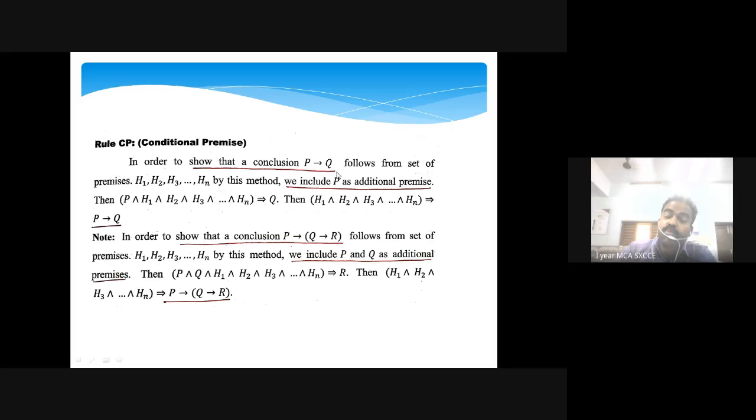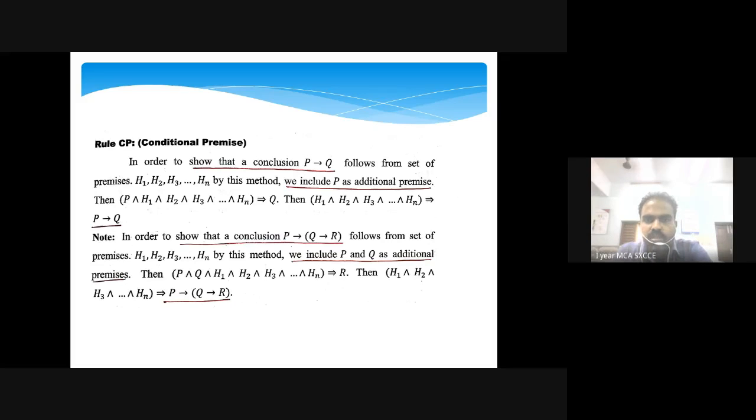To prove P goes to Q, you must include P as an additional premise. That is the conditional premise. That is rule CP. After including that, along with the given conditions, if P gives Q, then it means that P goes to Q.